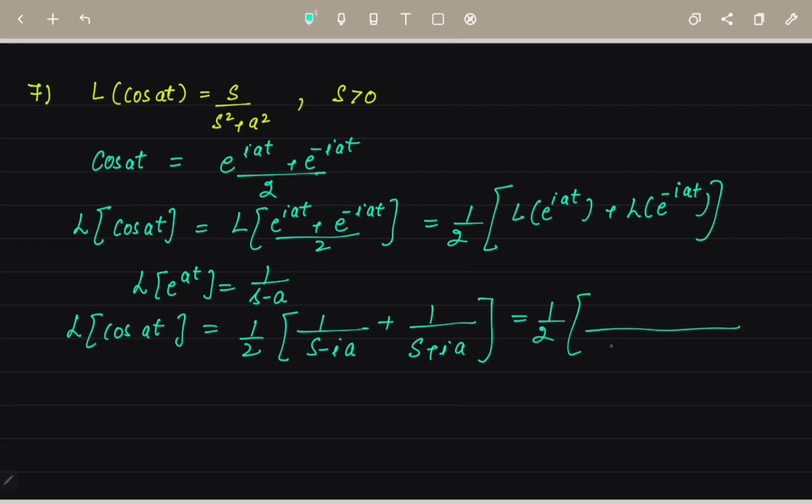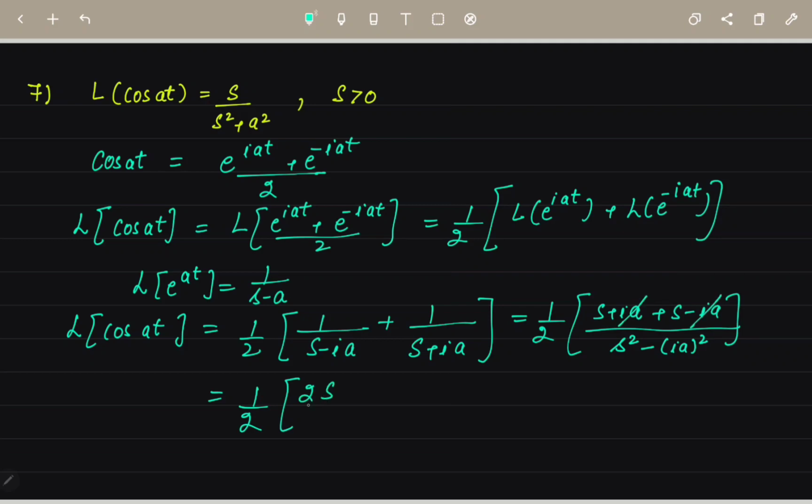So this will be a square minus b square, that is s square, then minus b square, basically iota a whole square. Okay, so now in numerator we have s plus iota a, then plus s minus iota a.